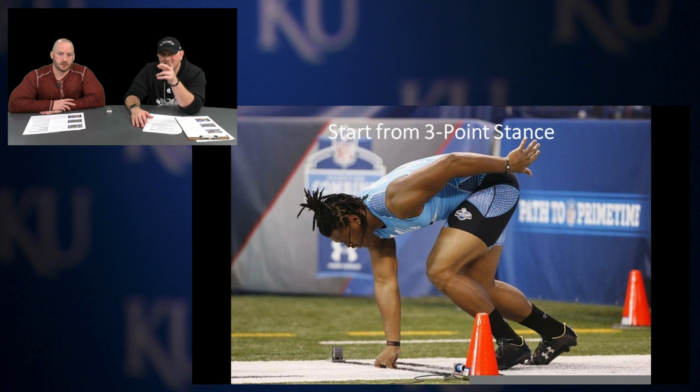His shoulder is minutely in front of the hand, so he could probably work on that. Maybe he had an injury on that right side. Hand placement is there because in the 40, you want him leaning forward more. So on the hand that he has down on the ground in the 3-point stance, you're wanting that shoulder leaned more forward.